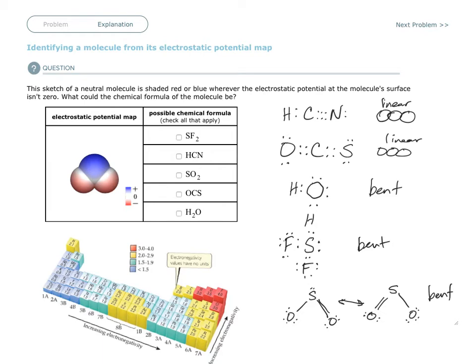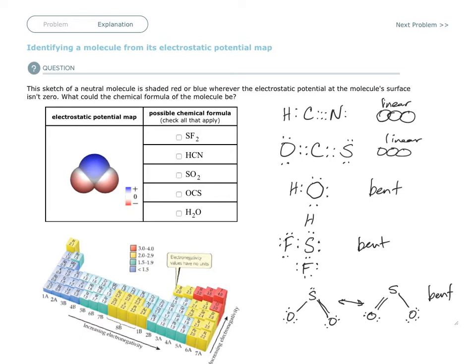And if you pull an electron pair to one side, that side becomes more negative and the other side becomes more positive. So it's a tug of war between the electrons. Whoever is winning that war becomes more negative on that side, and the other player becomes more positive.